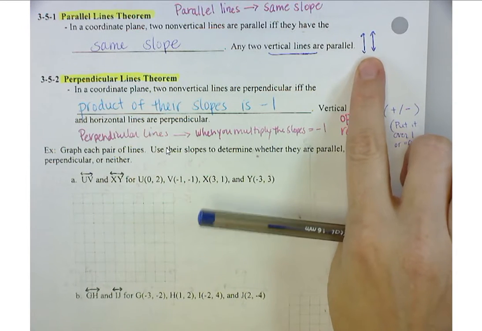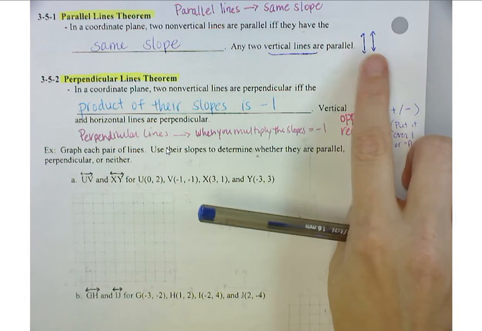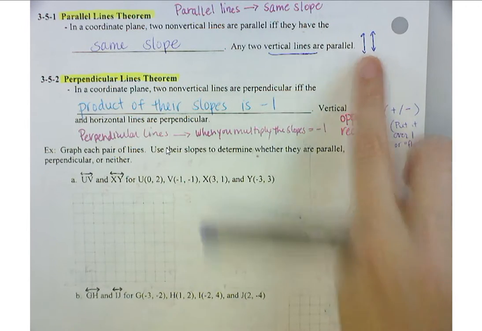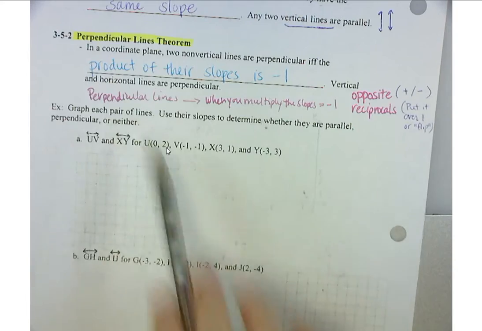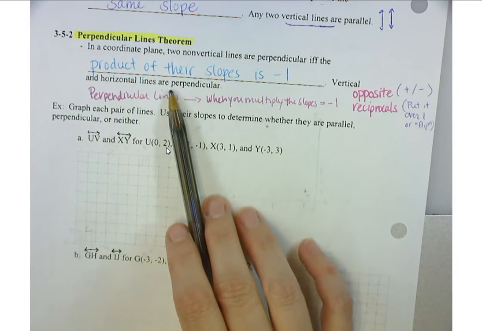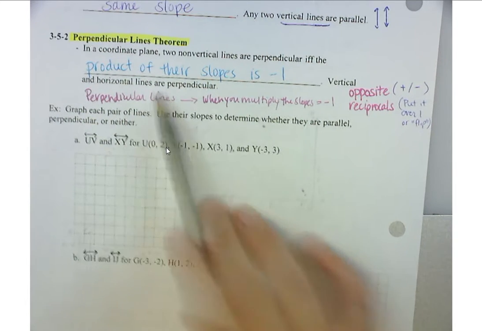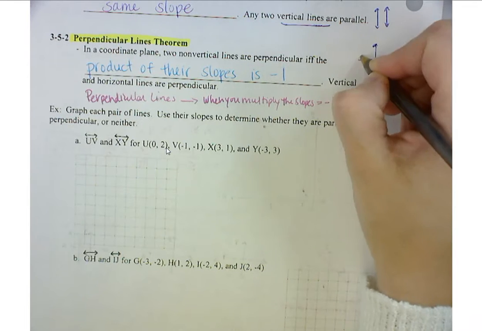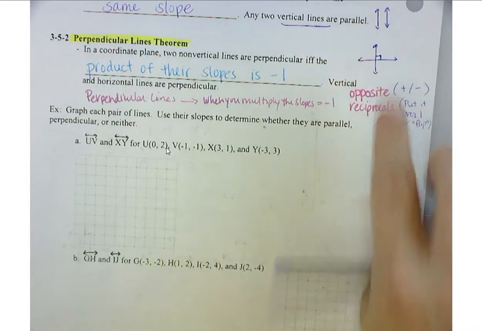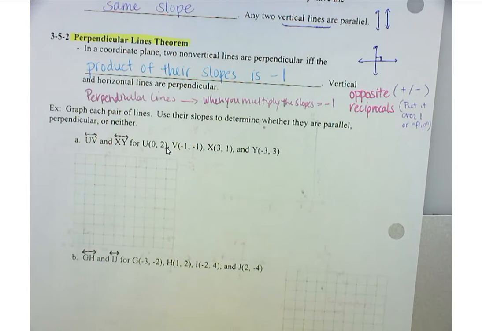Yeah, because their slope is what? Undefined, right? They're both undefined. And then with this one, it says vertical and horizontal lines are perpendicular. So if you have a vertical line and a horizontal line, those are automatically going to be perpendicular.